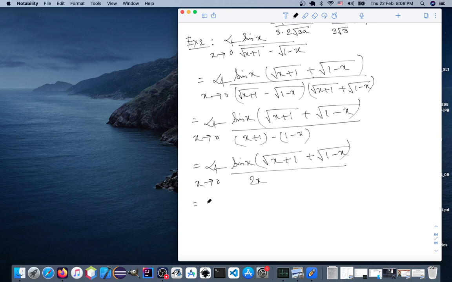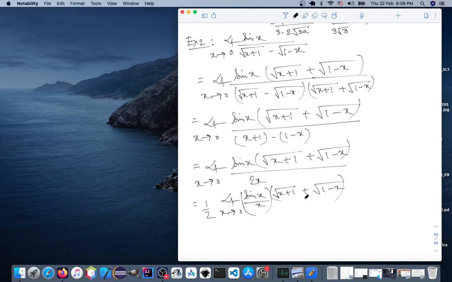So this is half, we bring the half outside and we have sin x by x, and we have root of x plus 1 plus root of 1 minus x.